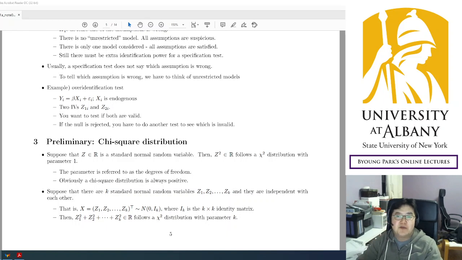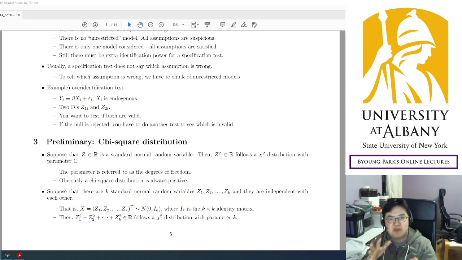Hello. In the previous lecture, I explained the basic idea of a hypothesis test. I interpreted hypothesis testing as a kind of testing on assumption of the model. And the key idea is we need to identify the relevant parameter, the parameter that is used in the hypothesis.